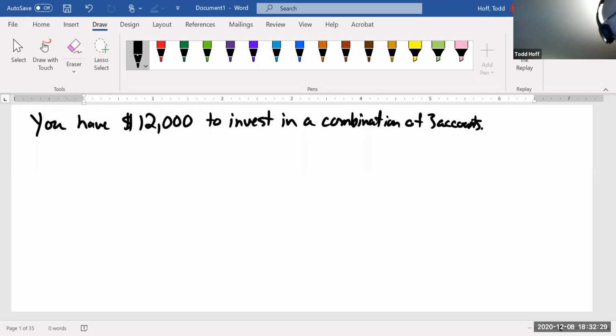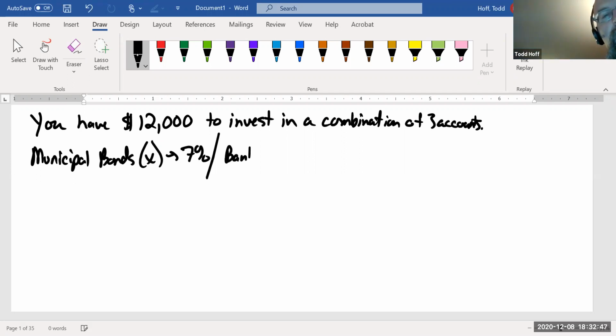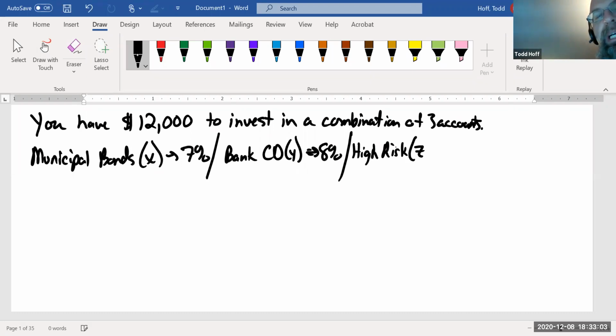The first account is municipal bonds. I'll let this be X. It yields 7% return. The second account is a bank CD. I'll let this be Y, which yields an 8% return. The third account is a high risk account, which I'll let be Z, which is going to yield a 12% return.